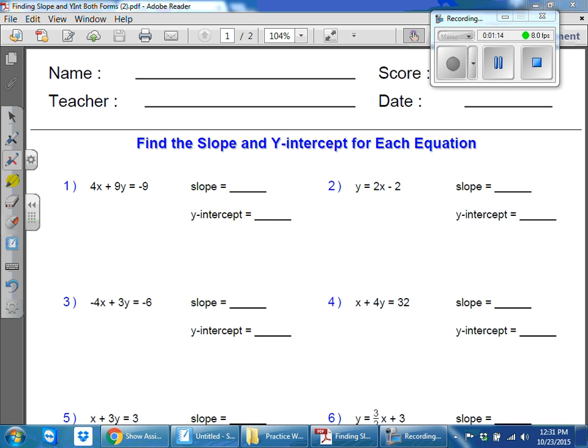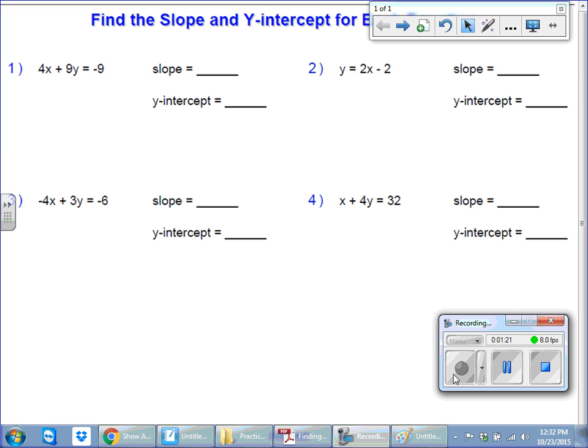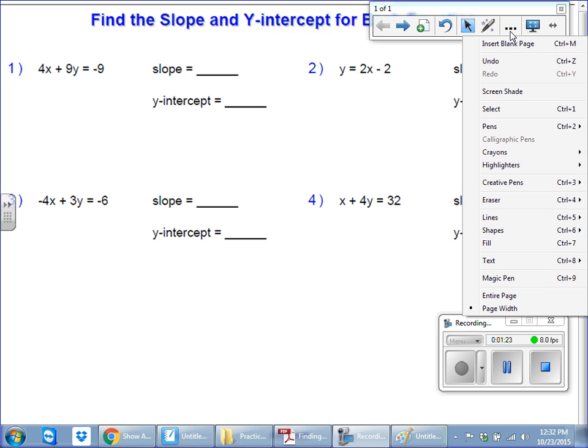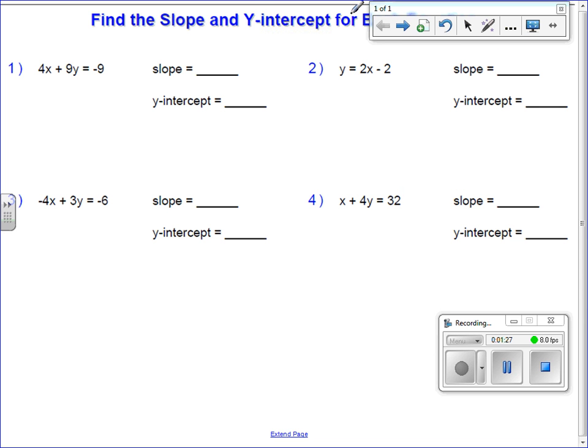It needs to be in slope-intercept form. If it's not in slope-intercept form, then we need to put it in that form before we can do this. So if you remember, slope-intercept form is y equals mx plus b, where m is the slope and b is the y-intercept.